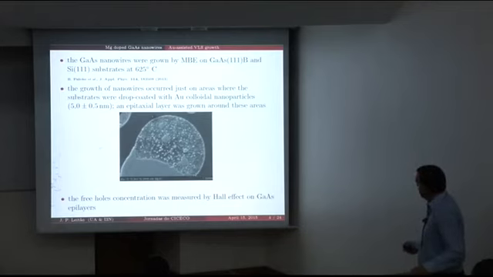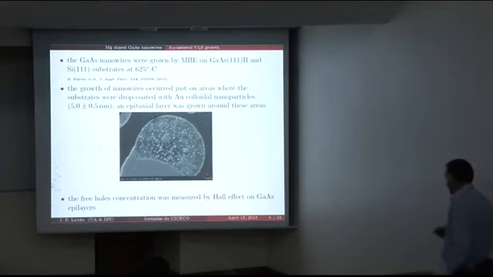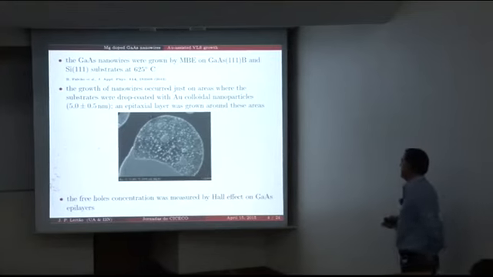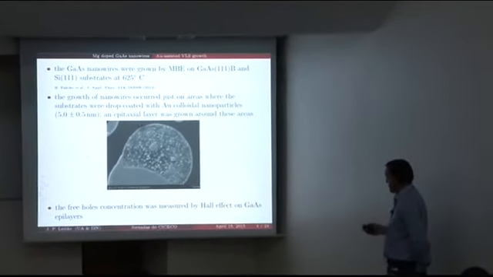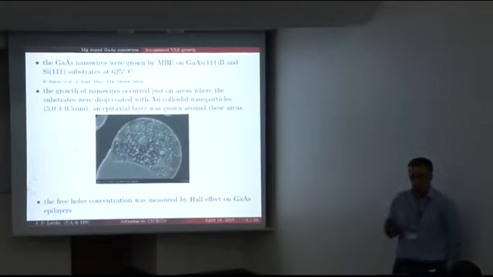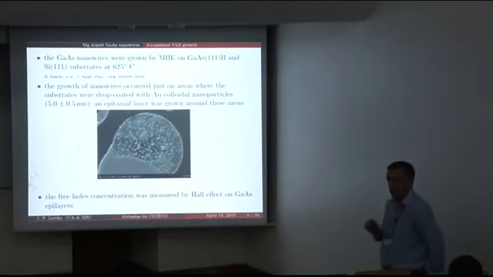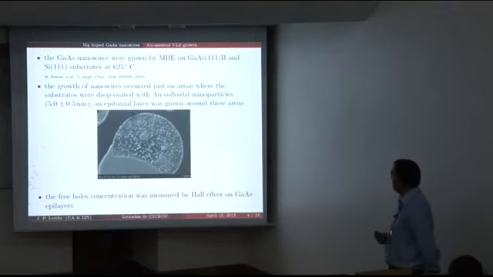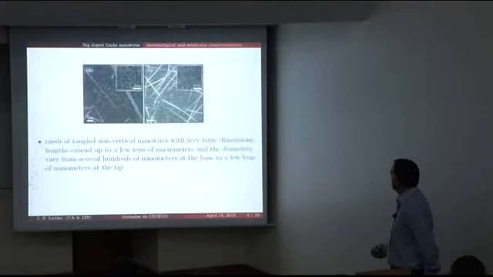Around these regions, we have the growth of an epitaxial layer with a few hundreds of nanometers of thickness. I must mention that underneath the nanowires we still have a thin epitaxial layer with a few tens of nanometers. And I will address also this problem in the XRD measurements.